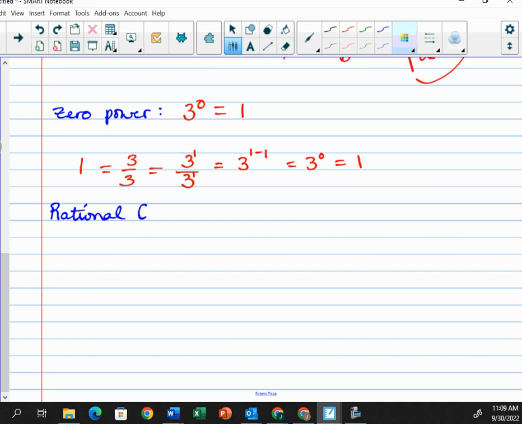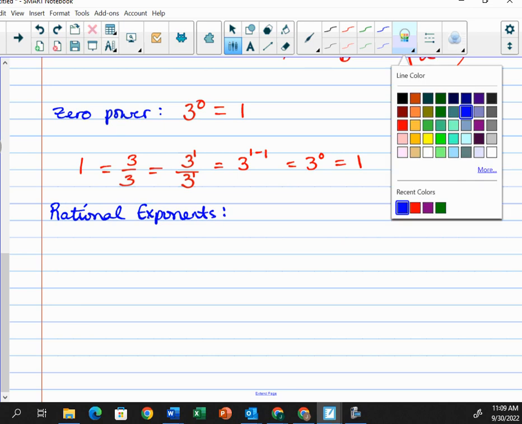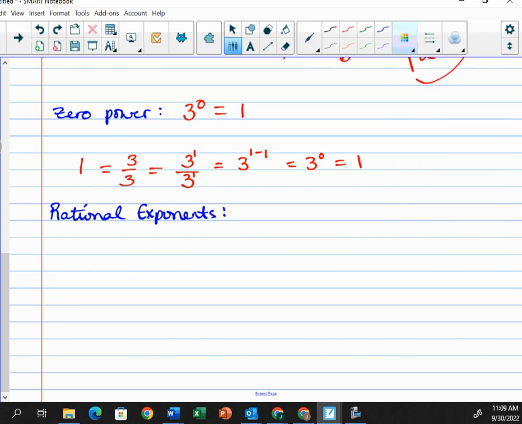All right, rational exponents. Last little rule here. If I have x to the 3/4, what does that actually mean? The 4th root of x^3.